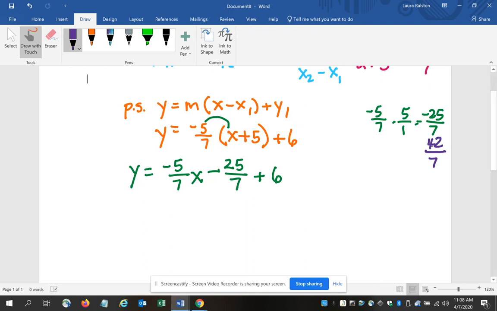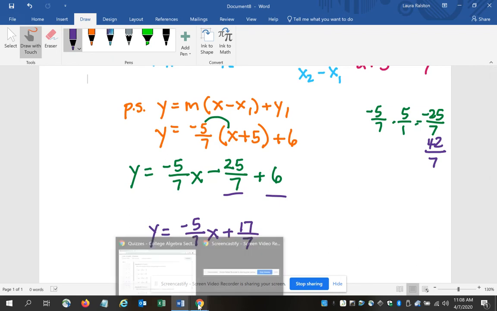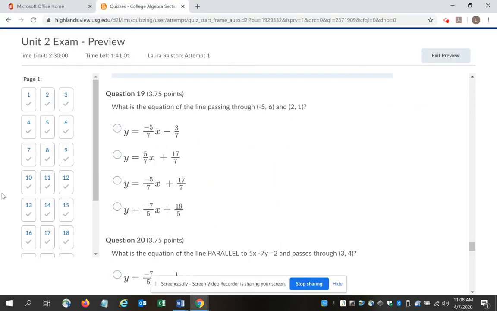I have different signs, so we're going to subtract. 42 minus 25 is 17. So when you combine these two things together, we end up with y equals negative 5/7 x plus 17/7. Okay, so negative 5/7 plus 17/7.